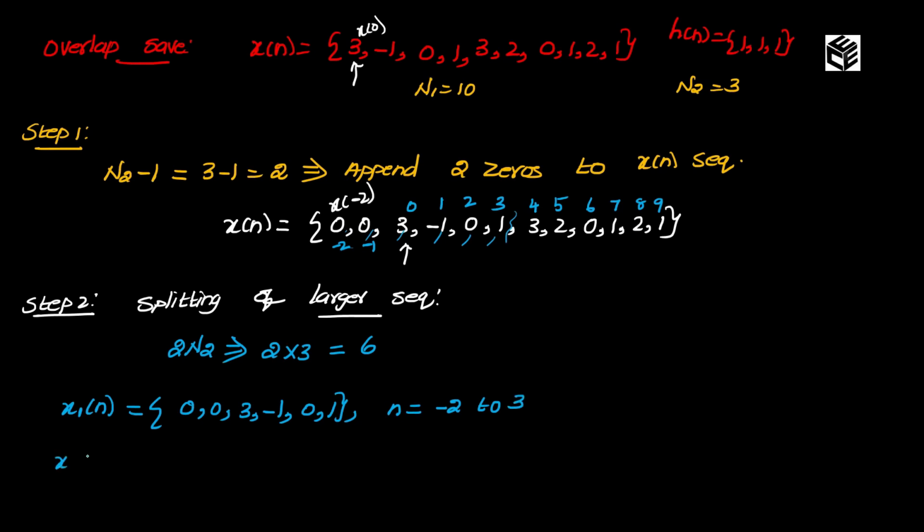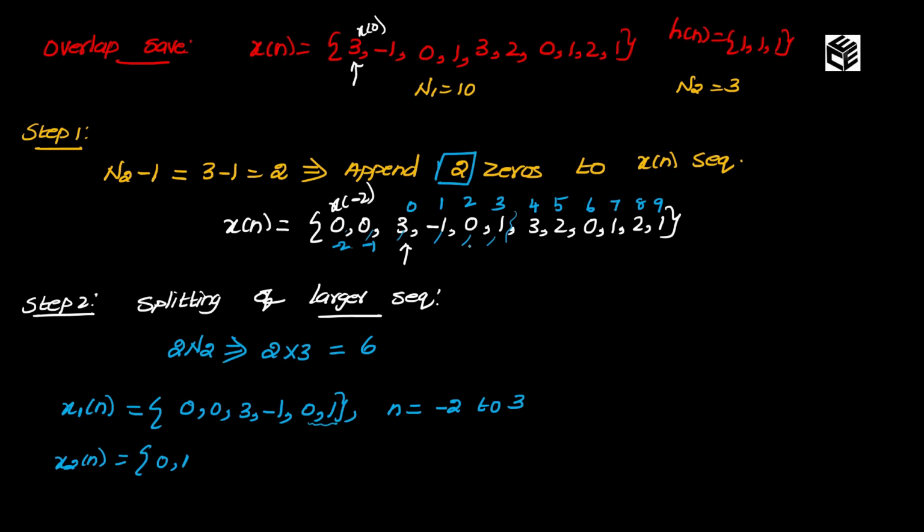Okay, now I am going to write x2 of n. I have told you, while writing the second sequence, we need to consider the number of zeros added to the first sequence. How many zeros have we added? We have added 2 zeros. Correct. So we need to consider the last 2 elements of the first sequence, that is 0 and 1, as the first 2 elements of the second sequence.